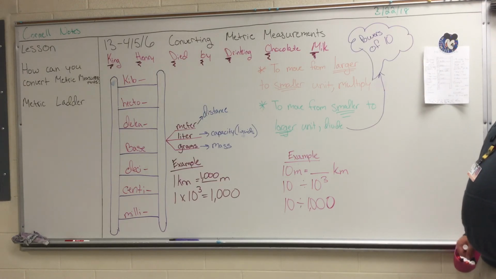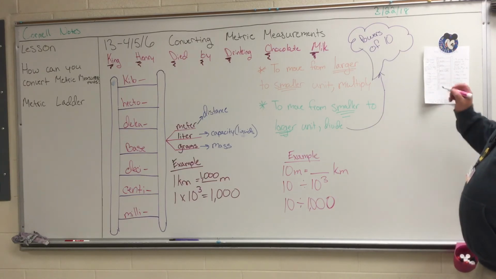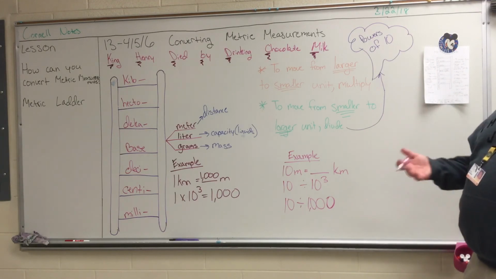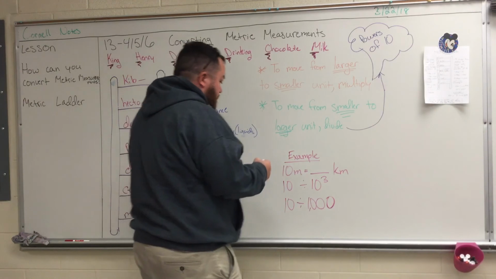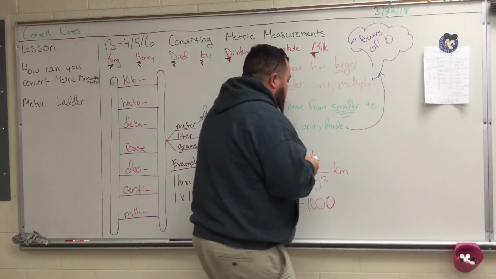So what do we do? You would move the decimal to the right 3 times. I meant left. We would move the decimal to the left 3 times, okay? So if I have 10, and let me do this over here.